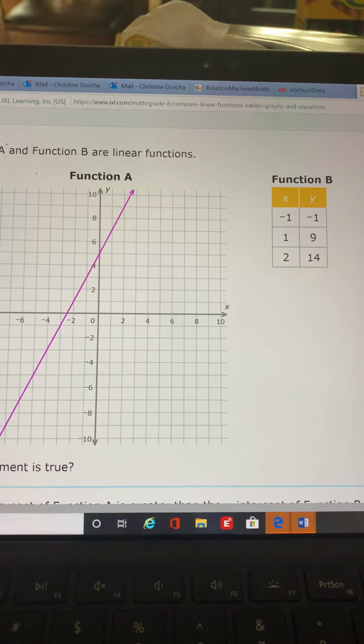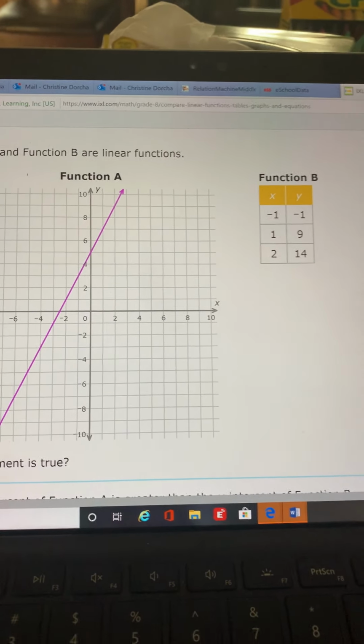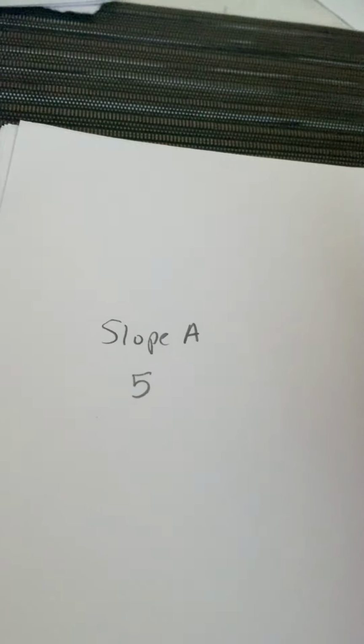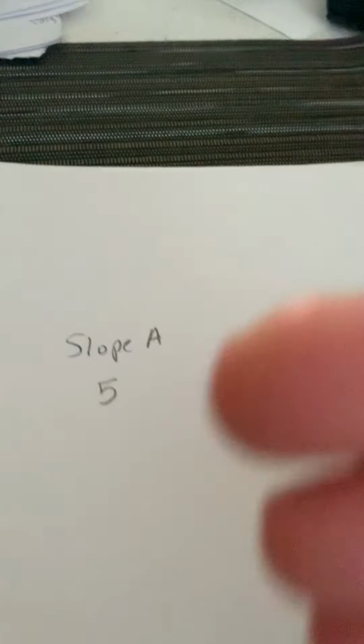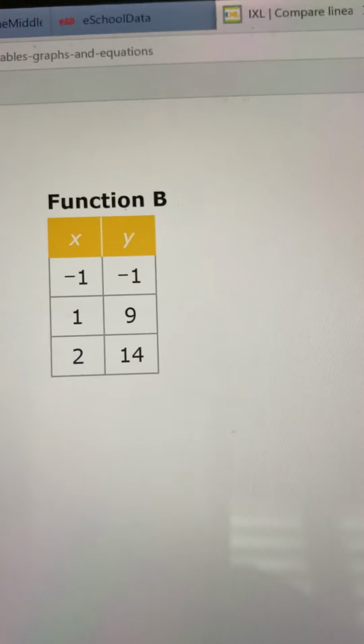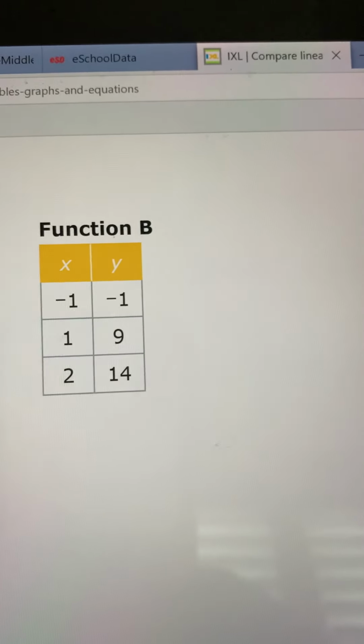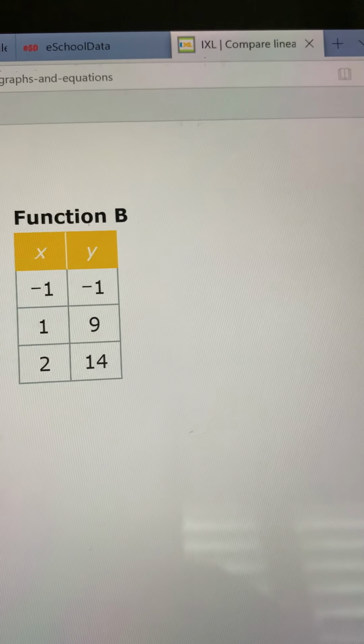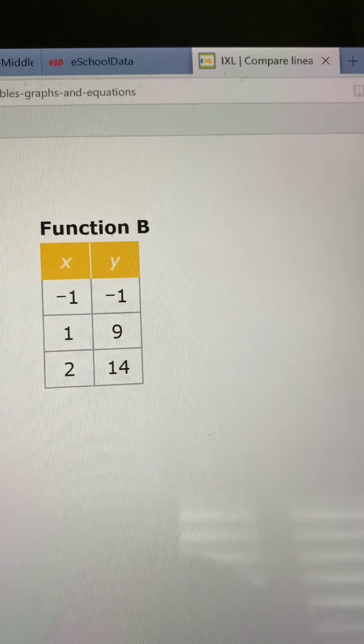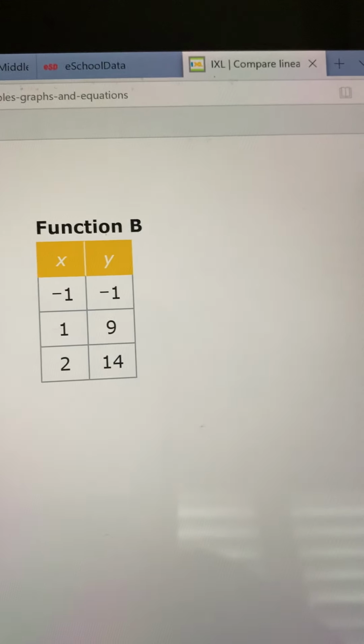And so I'm going to have to show you how to find it off the graph. So here we go. We have slope of A. We know is 5 because we were able to count that. And now we have this table right here. And I'm just going to quickly jot it down here. I'm going to show you how to find that y-intercept, okay?